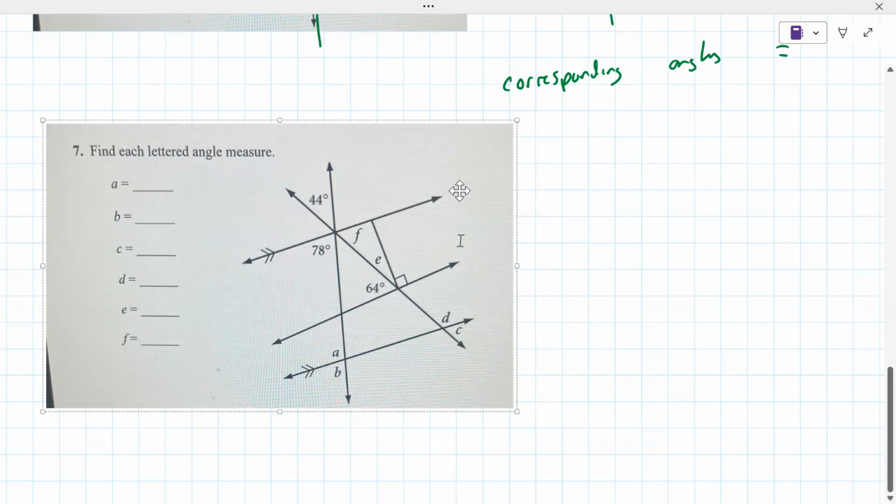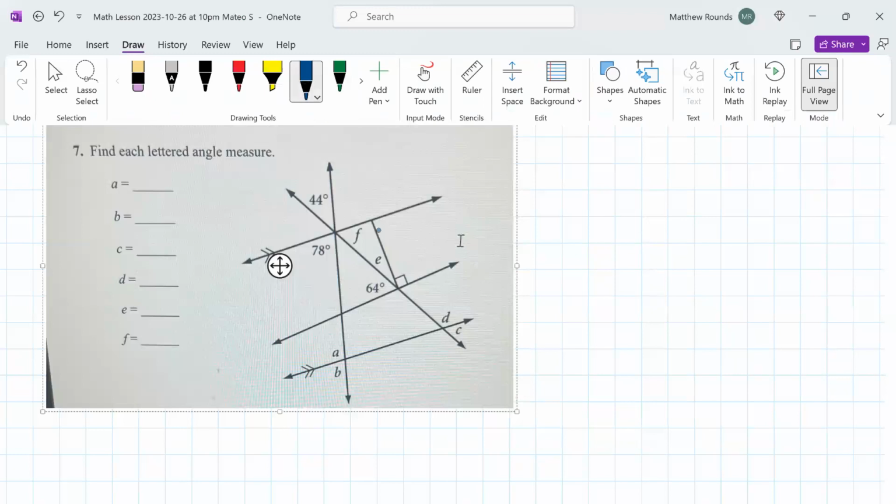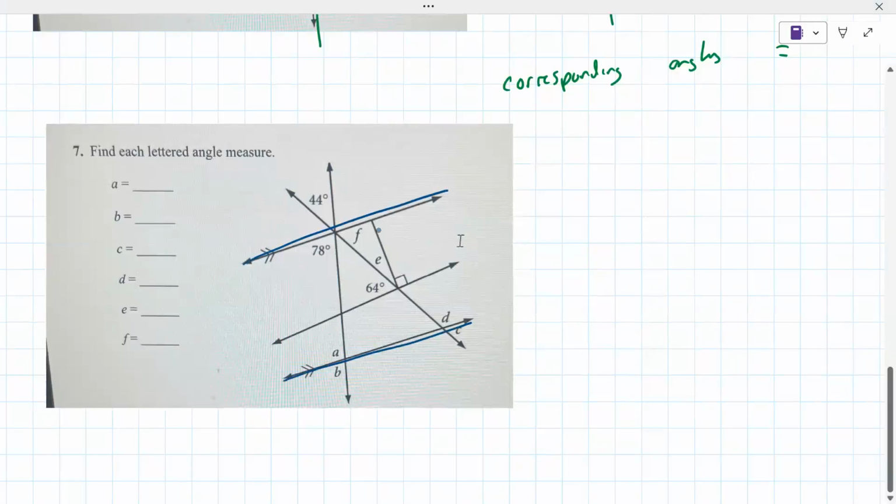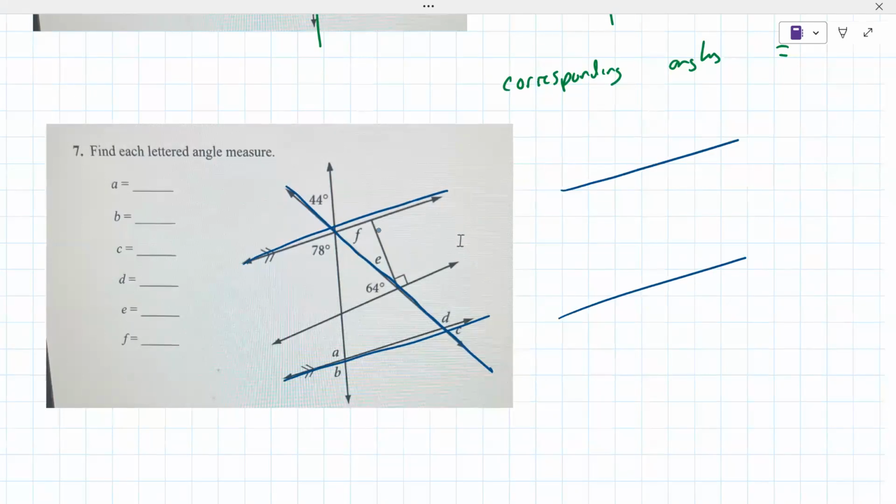C's kind of in an odd spot here. You've got these two parallel lines, and you've got this transversal. So if I do the same thing we did in the first one, with this one and this transversal here, kind of grab those two. It's right here, so there's C. If we knew F, it would be the same as C because of corresponding.